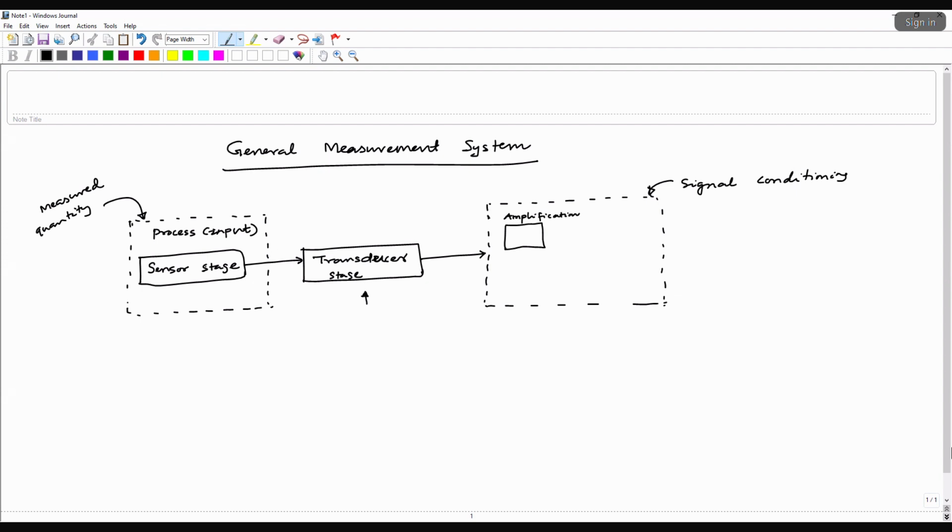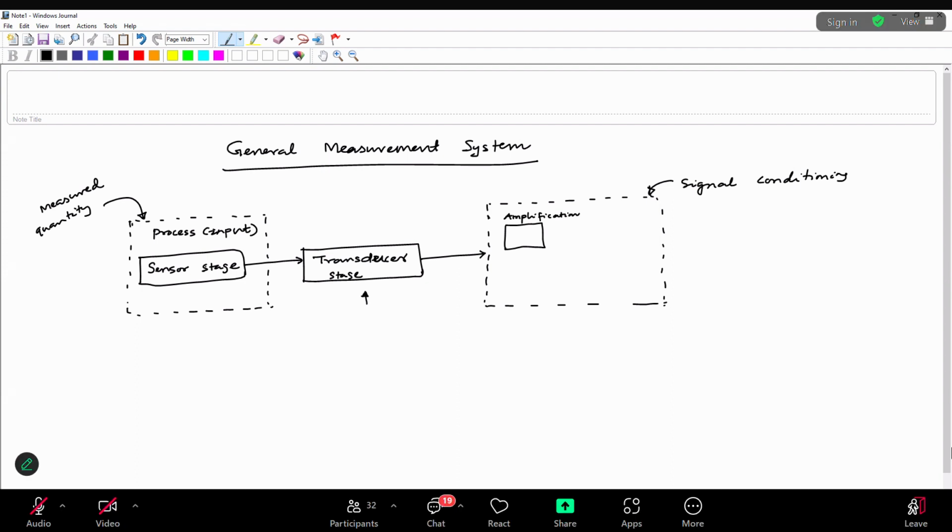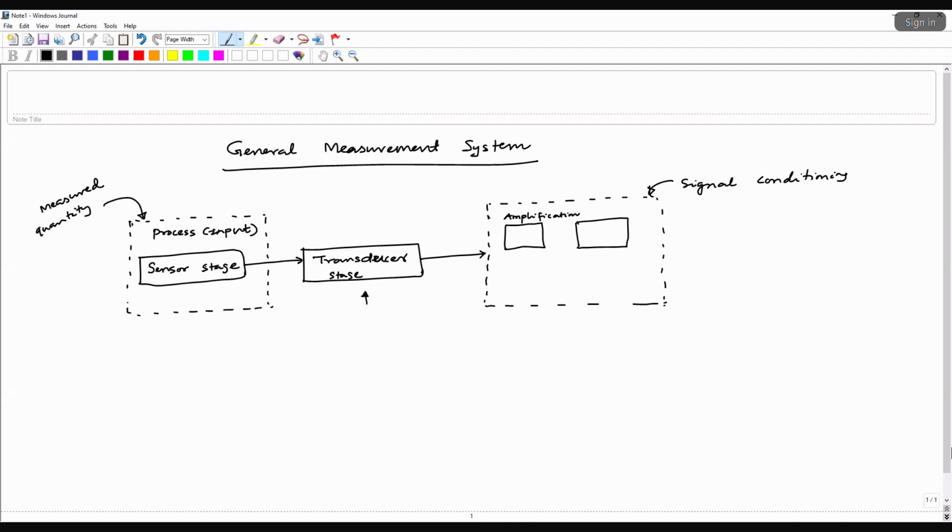You can sometimes use a noise filter, right? You can use noise filtration. Let's say you are trying to measure the temperature of a surface which is vibrating. When it is vibrating, you get a lot of noise in the data because the thermocouple is making physical contact with the surface, but the vibration can affect the measurement, right?